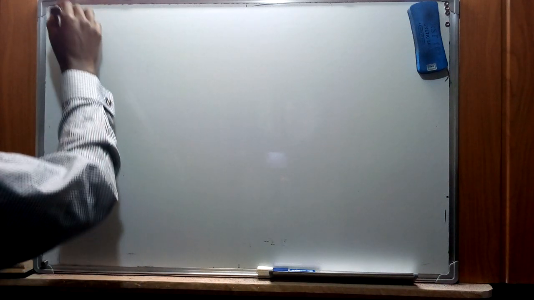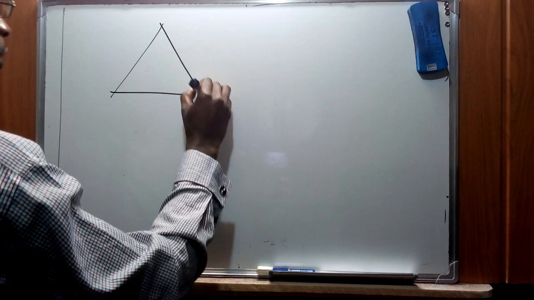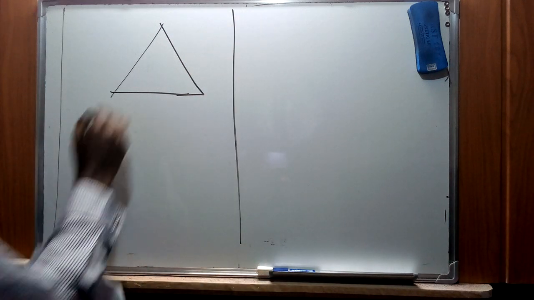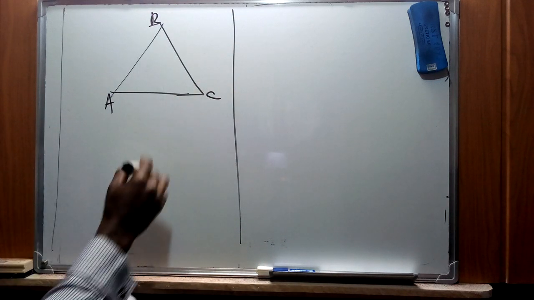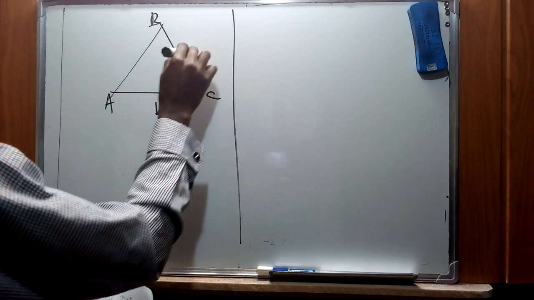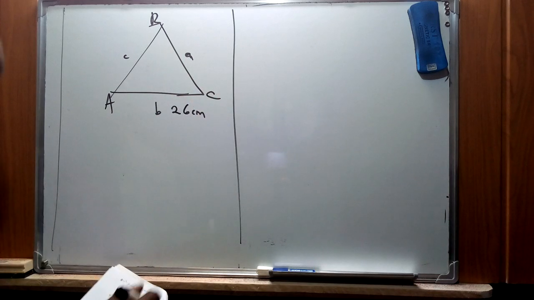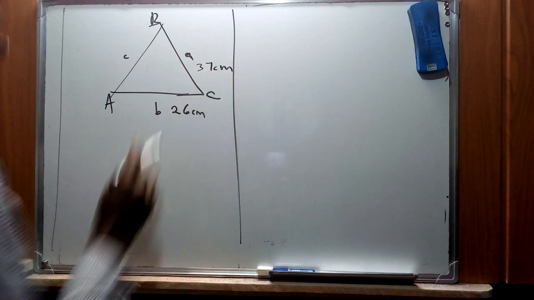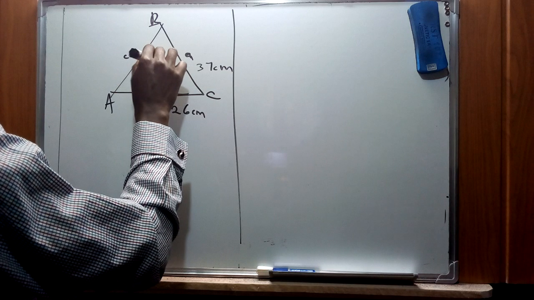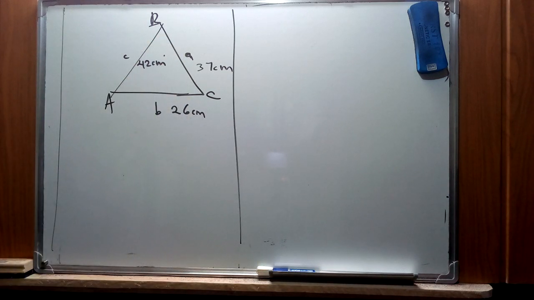So suppose we have a triangle like that. This is for A, B, and C, and the lengths of these sides are 26 centimeters, 37 centimeters, and 42 centimeters. We have talked about the relationship between angles and the sides of a triangle, and therefore we're going to use the cosine rule that we have already illustrated in order to find the angle theta of this specific example.